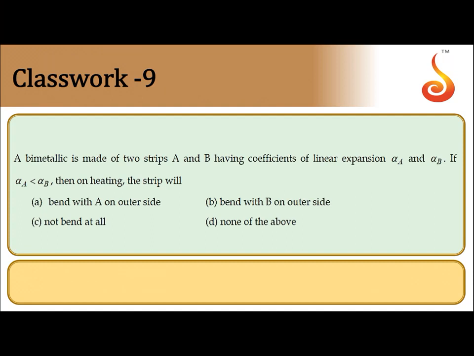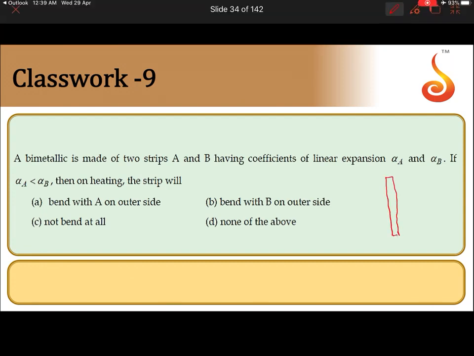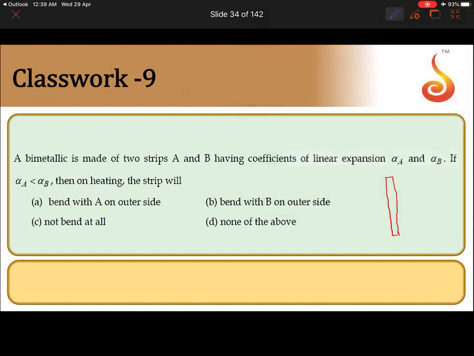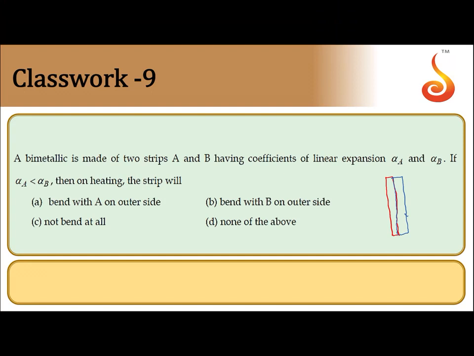See, bimetallic strip means this is one metal, let us say this is A. Let us take one more metal, this is metal B. Now when you heat this, it bends because of differential expansion, they are joined, so it has to bend.